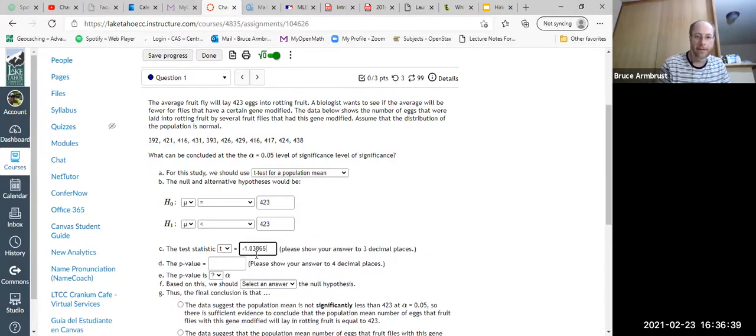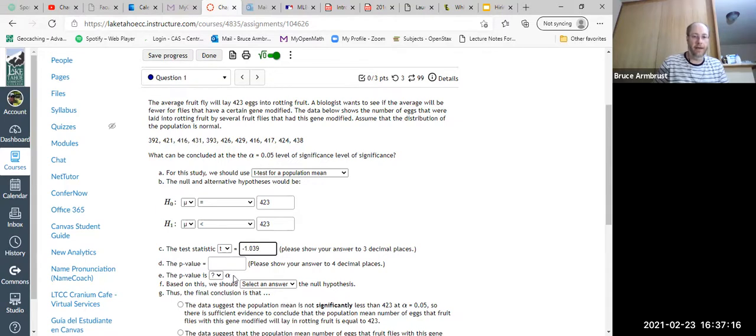Oh, wait, to 3 decimal places, negative 1.039. Now, before we move on to the p-value, think about what this tells us. Remember, the t statistic is like the z statistic. And so it's telling us how far away we are from the mean. So we're at negative 1.039, so we're smaller. All right, so we're a little bit more than one standard deviation, basically, away from the mean.